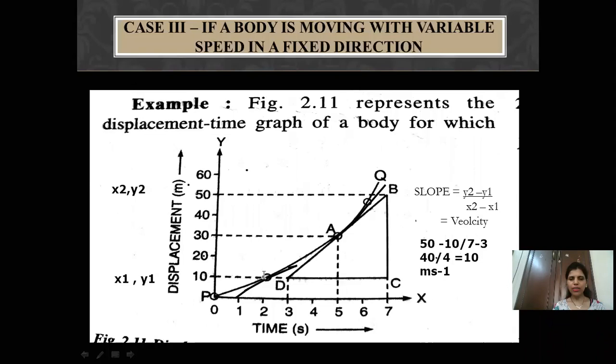Considering this point, if we find the slope, it will be 20 minus 0 upon 1 minus 0, because I've got x as 1 and 0. So what answer am I going to get at this point? I'm going to get 20 upon 1, that is 20 meter per second.